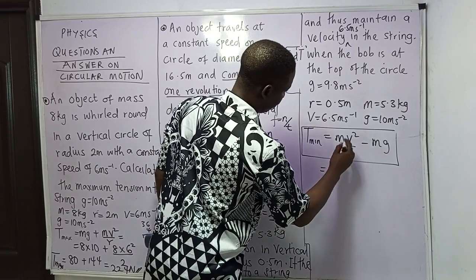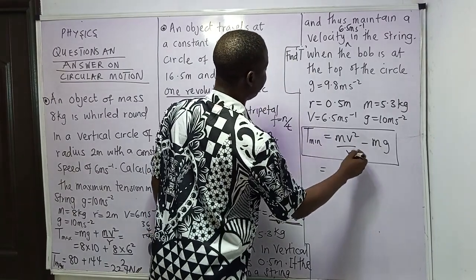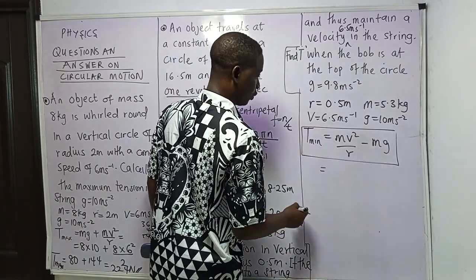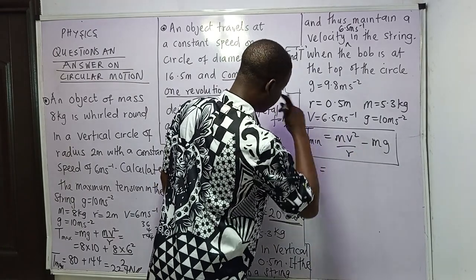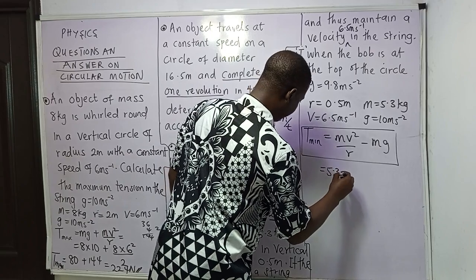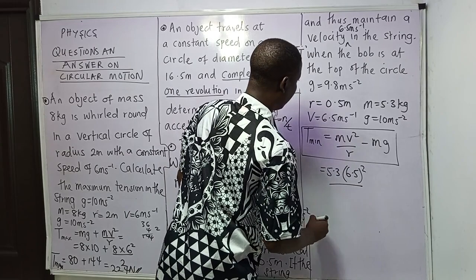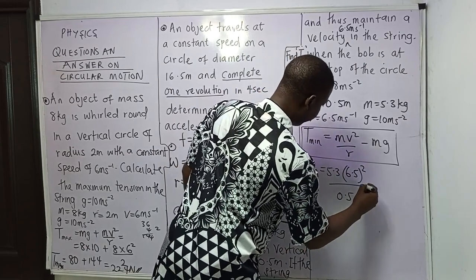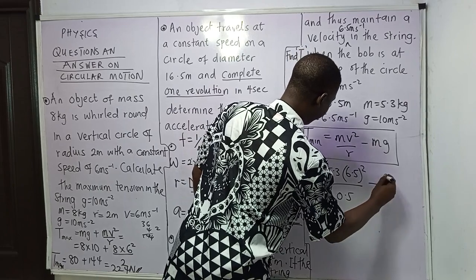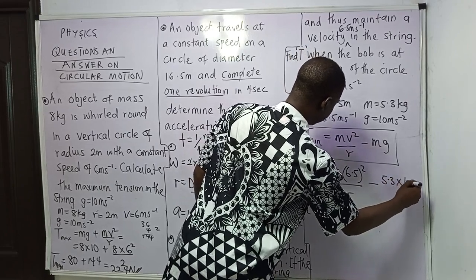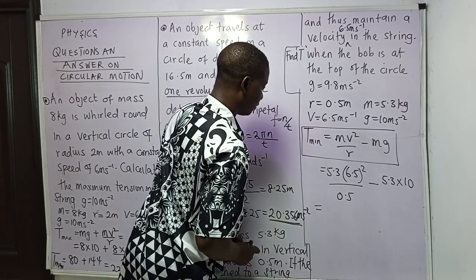So that will now give us the centripetal force minus mg. If it is plus, it is maximum tension. So that will give us 5.3 times 6.5 squared all over 0.5 minus 5.3 times 10. So what do we have now?